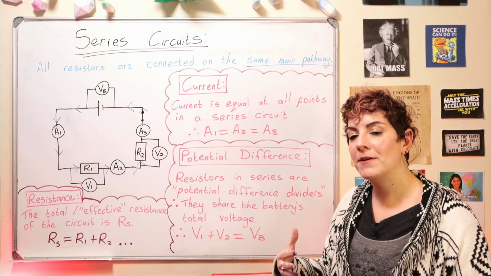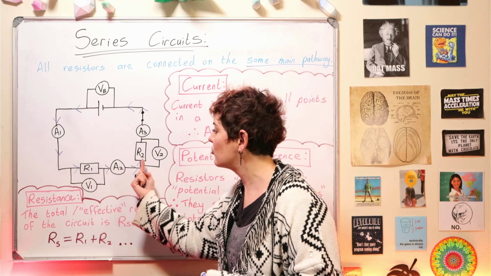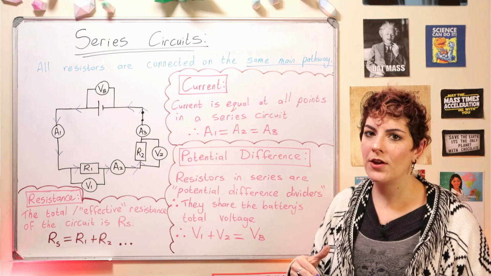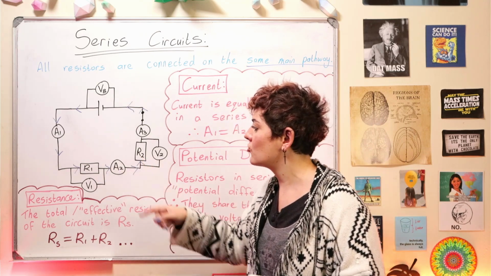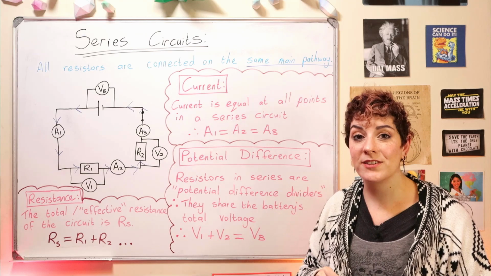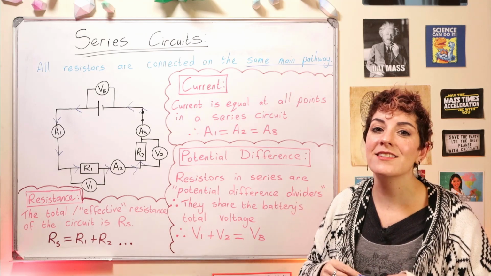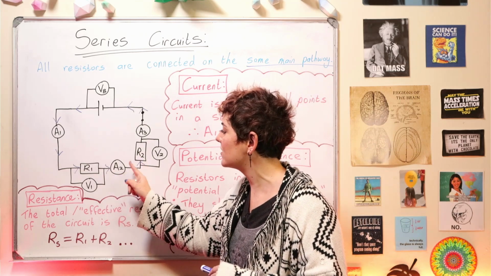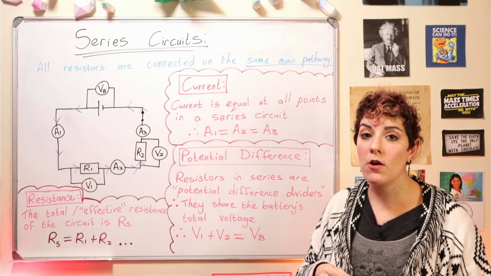Now, learners must be very careful and not assume that these series resistors share the battery's voltage equally. They don't always. If the resistors in series have identical resistance, and that would happen if they're identical resistors, then with the same resistance and the same current, they will have equal amounts of potential difference over them.